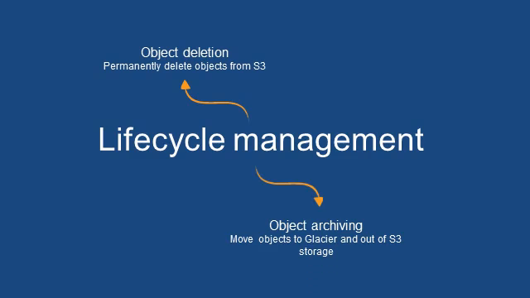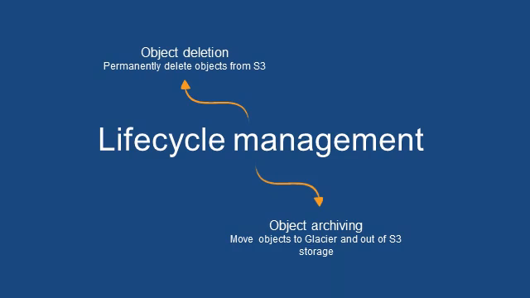Secondly, you can have object archiving lifecycle management policies, which basically allow you to move objects between storage classes, as I already mentioned. So this is a mechanism that you might use to automatically move objects to Glacier and out of S3 storage after a certain time period, so reduce the costs of your long-term archive without having to take any action.